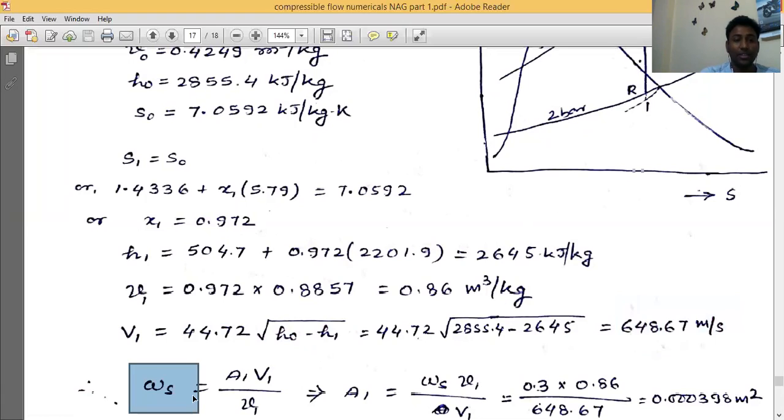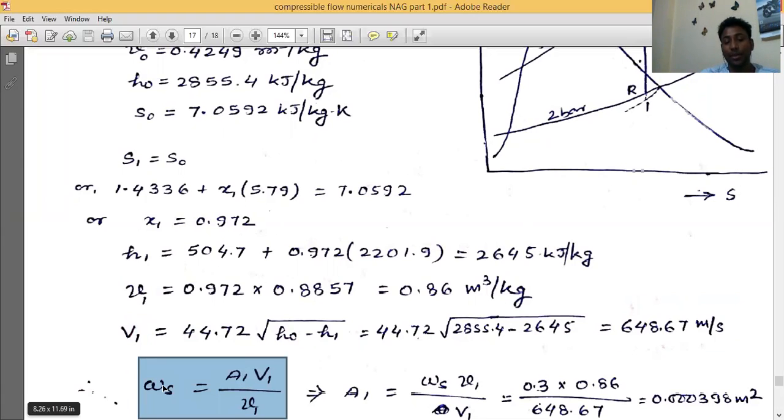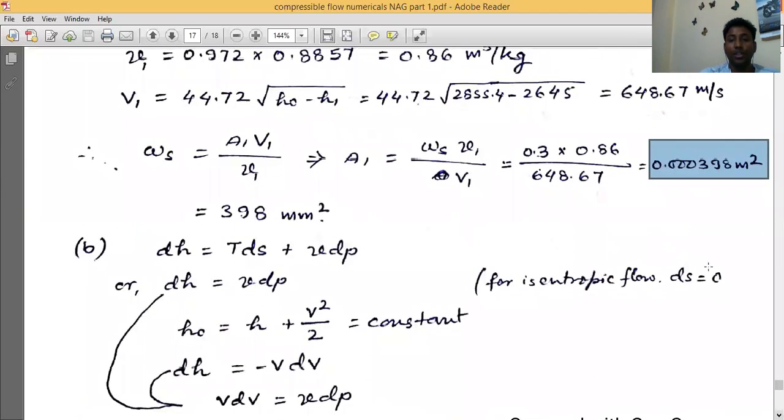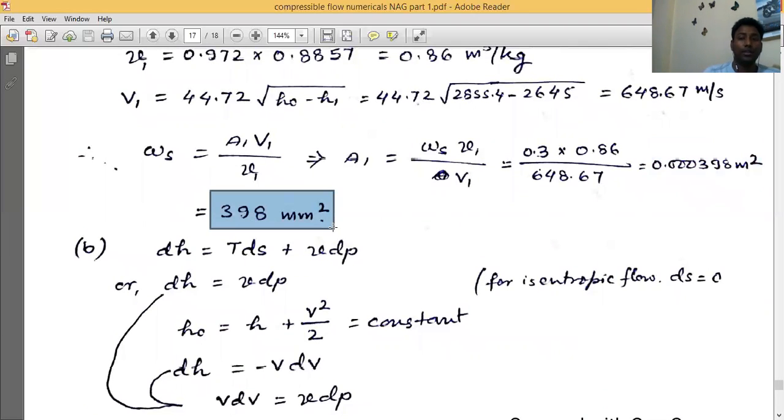At the exit we have calculated the specific volume and velocity, so from the continuity equation, mass flow rate equals rho A V, or A V upon specific volume. Area can be calculated, and it is evaluated as 0.000398 meter square.